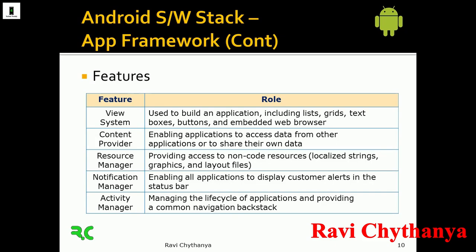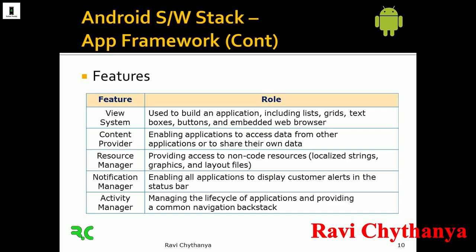Next, the features of the application framework contain the view system, content provider, resource manager, notification manager, and activity manager. The view system is used to build an application, including lists, grids, text boxes, buttons, and an embedded web browser. The content provider enables applications to access data from other applications or to share their own data.